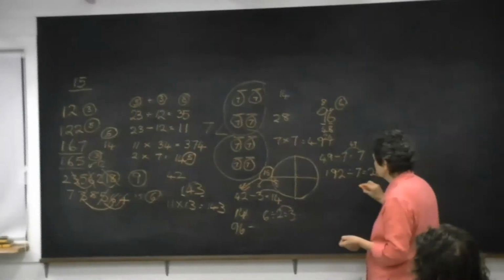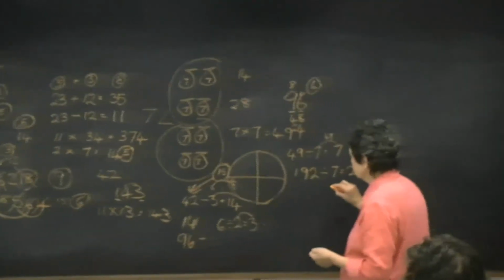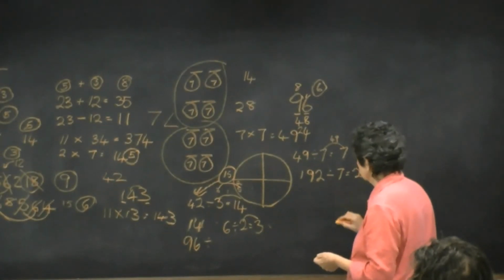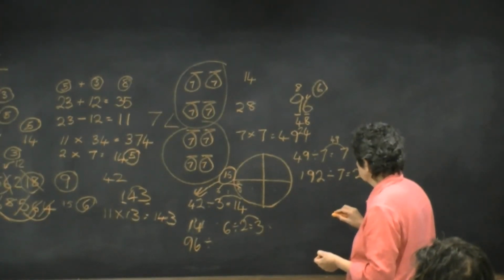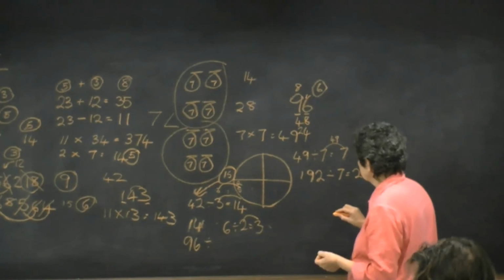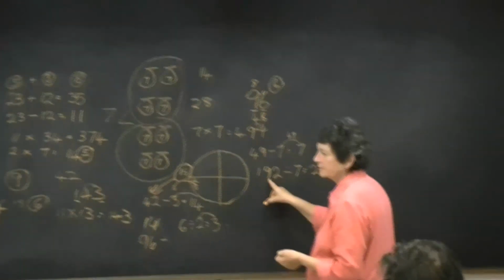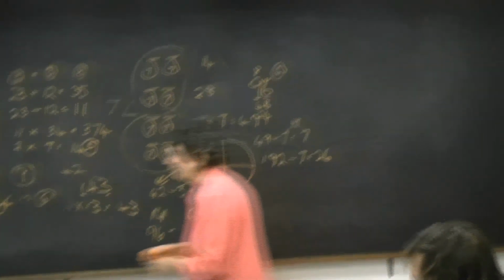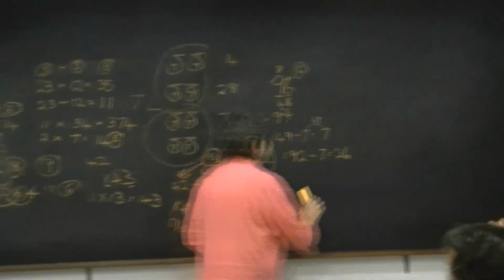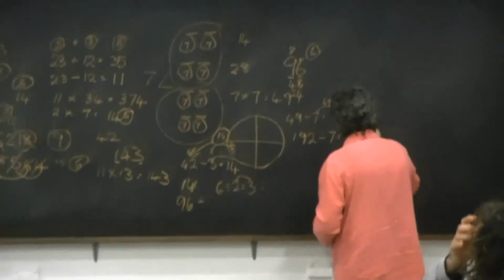Is that right? No, it isn't. Is it 28? I don't think it could. That's not a multiple of 7. So what are you doing to me? Just checking if I got it.